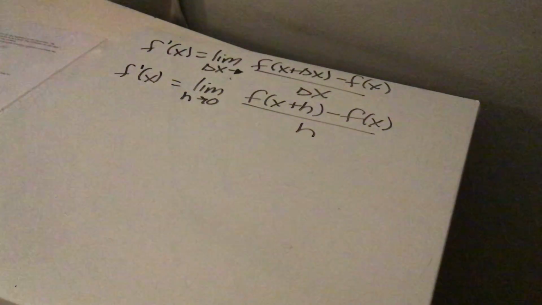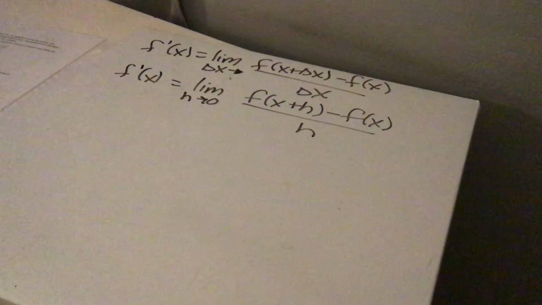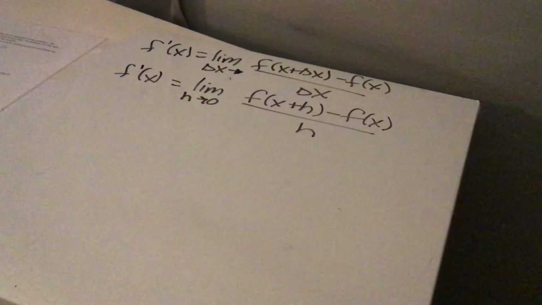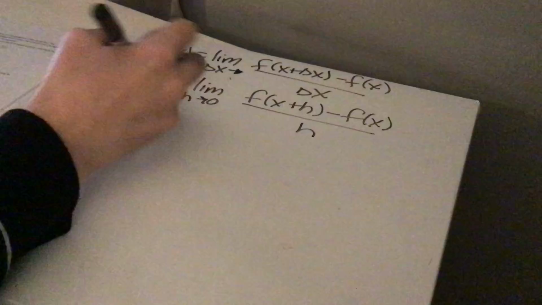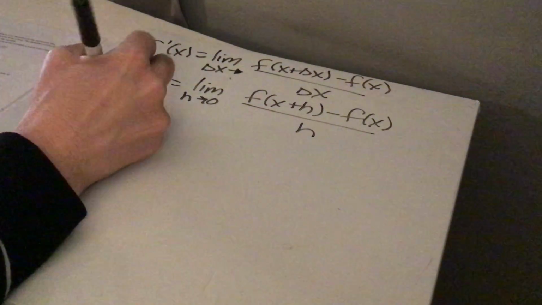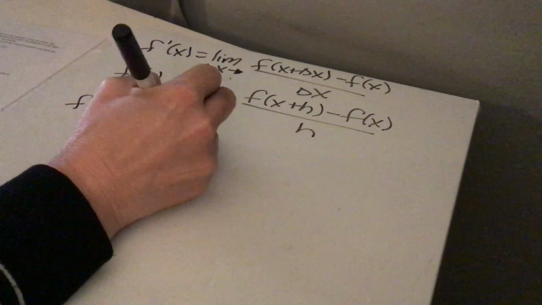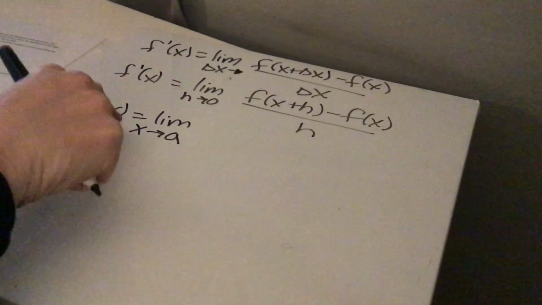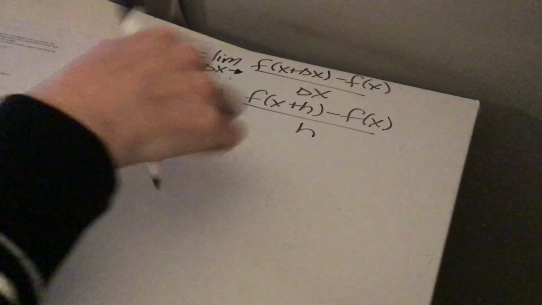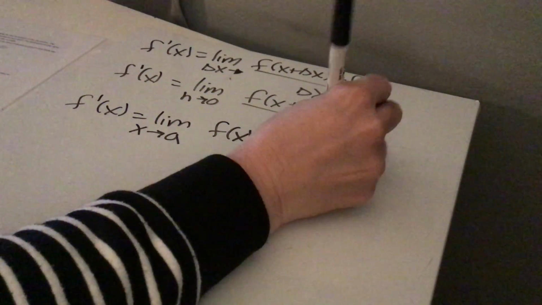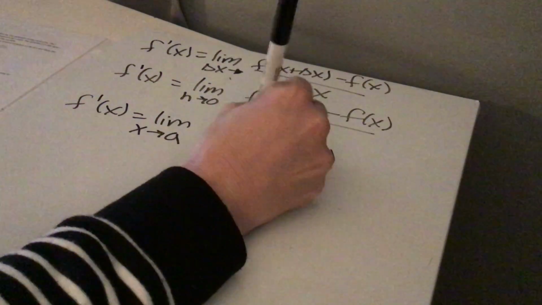As an alternative definition, we use the value of the function at some constant a and at x. Then f prime of x equals the limit as x approaches a of f of x minus f of a, over x minus a.